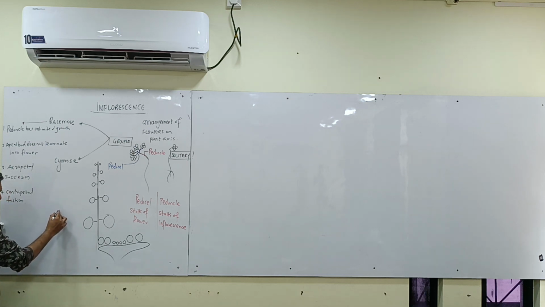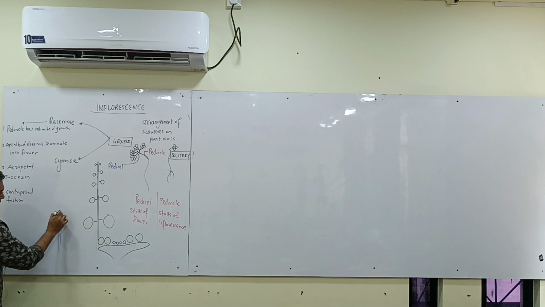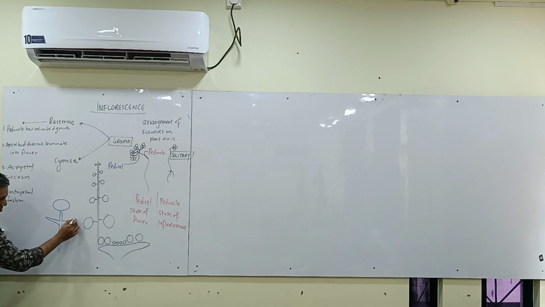See, the diagram will go like this. Who is the stalk of the inflorescence? Peduncle. But the apex got changed into a flower. So will the peduncle have limited growth or unlimited growth? So from the sides, do you see the axillary buds have grown into branches? And its apex got converted into what?